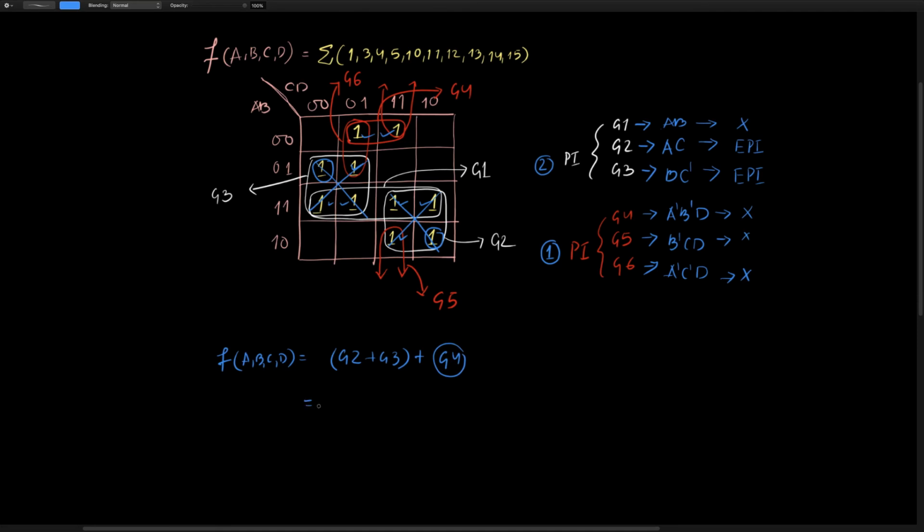That's actually our solution. So G2 would be AC, G3 would be BC dash, and G4 would be A dash B dash D. Okay, we always need the least number of groups to form the solution. So this is what the final solution is, and this too remains constant.